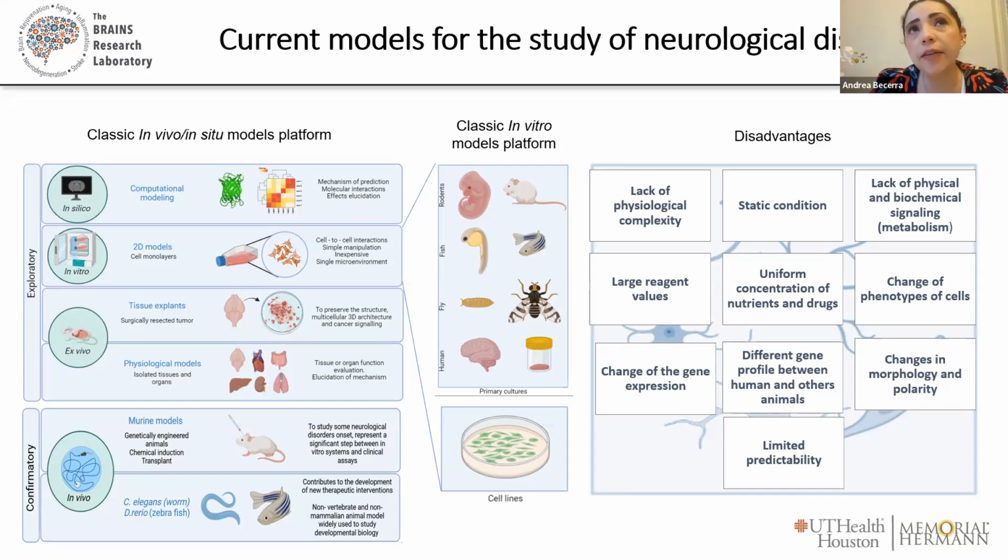When we use different species compared with humans, we have a different gene profile. There are changes in morphology and polarity, and limited predictability.